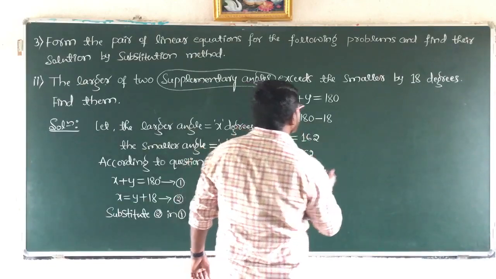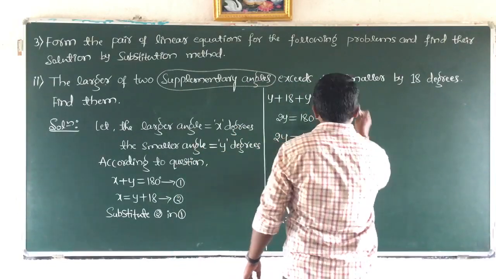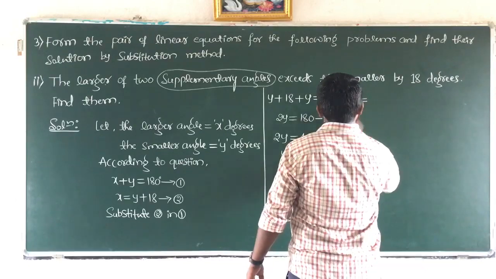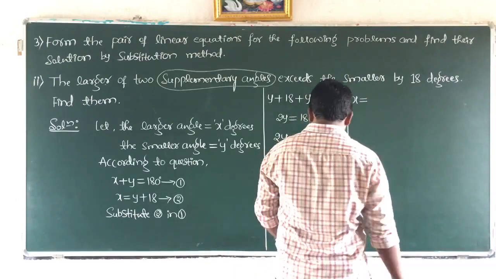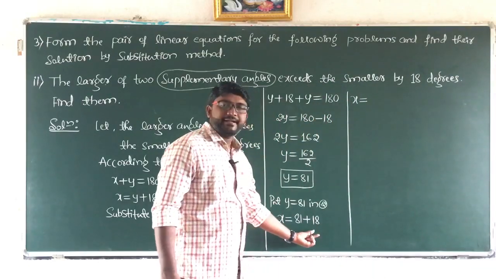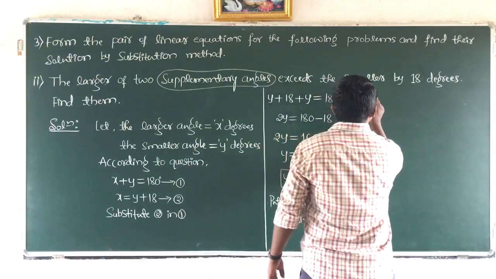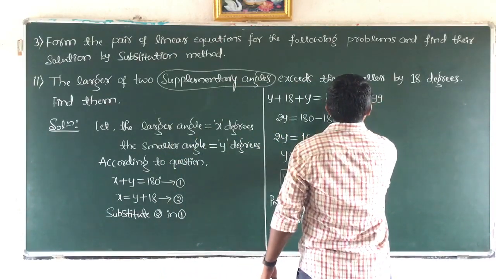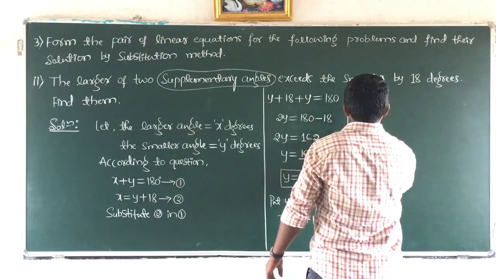So x which is equals to 81 plus 18 will be 99. So this is the value of x.